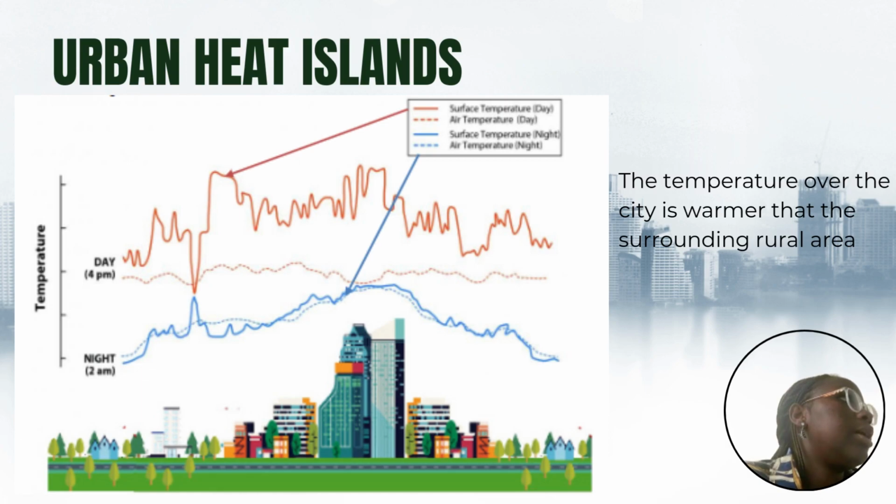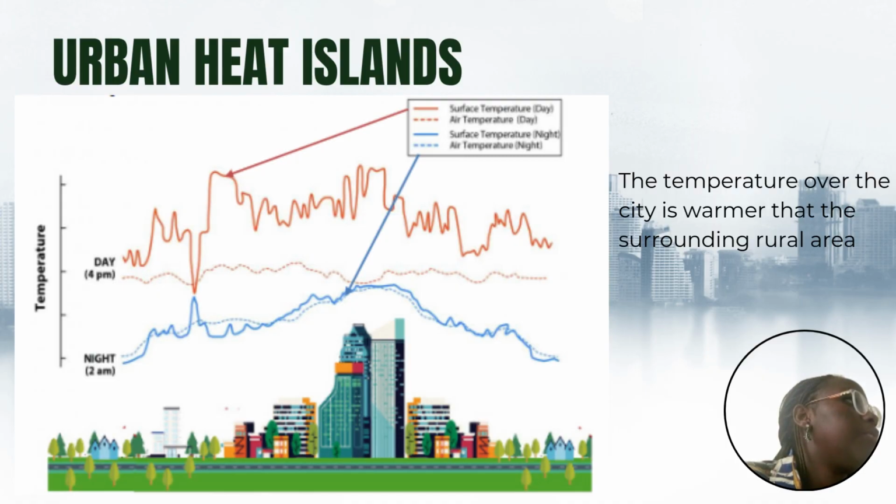So you can see the thicker lines represent the surface temperature, and then the dotted lines represent the air temperature, right? So you can see that in the trees where there's forestation, there is a dip in the surface temperature, and then the air temperature is higher at night, right?